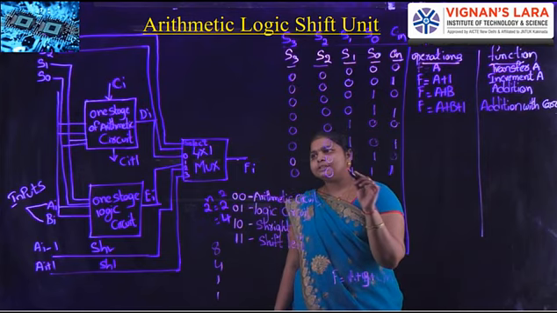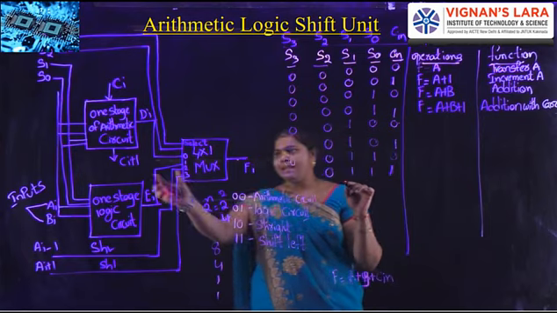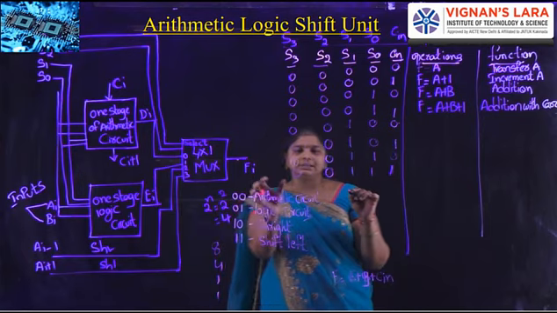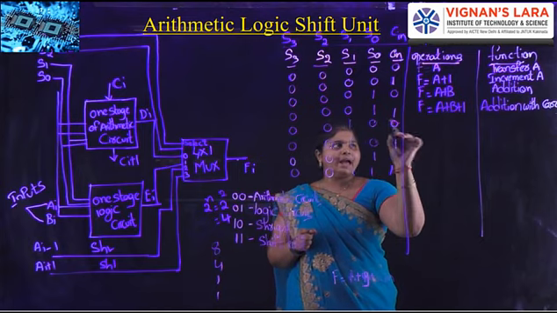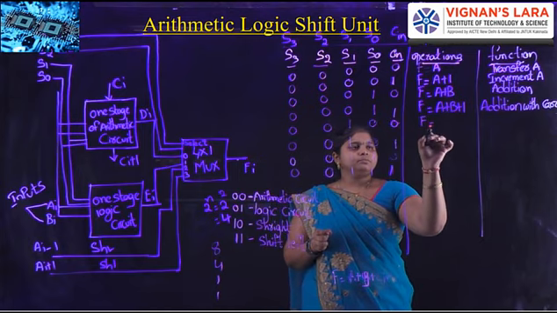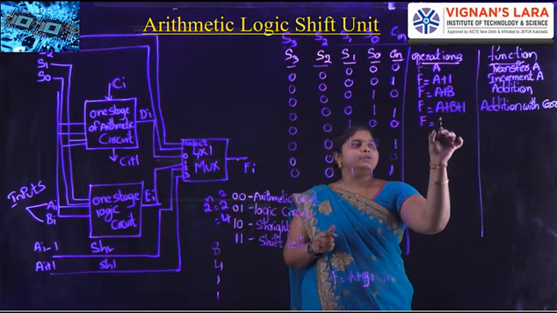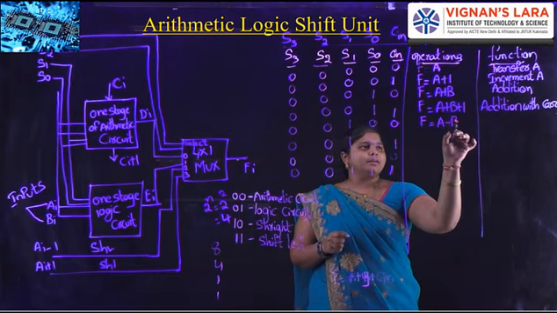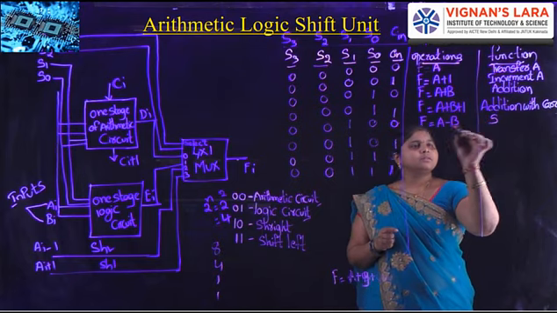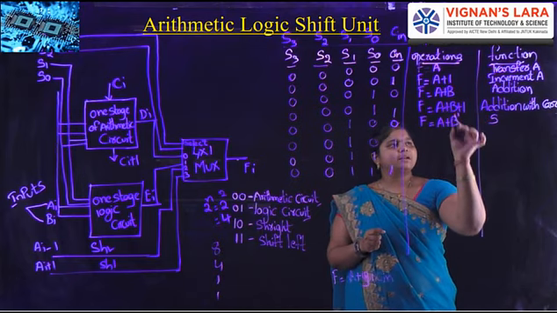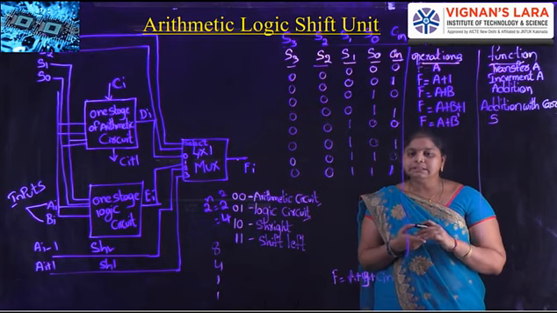For this, 0 receives the input from the arithmetic circuit. That's why we take S3 and S2 as 0, 0. For 2, that is 1, 0, without carry, F is equal to A plus B bar. Here B complement means subtraction.